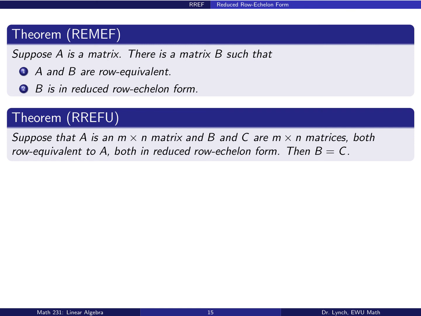The first theorem, REMEF, right? You can always find a row equivalent matrix that's in reduced row echelon form, and this is known as an existence theorem. And then theorem RREFU is a uniqueness theorem that says if you have two reduced row echelon form matrices that are row equivalent to the same matrix A, then they're the same matrix.